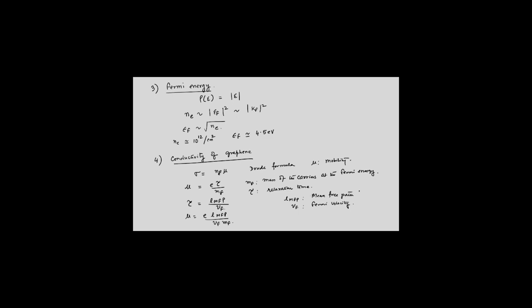So that tells you that sigma becomes equal to e square over h, which is the scale of the conductivity or the conductance, times LMFP into root over Ne. Which means that sigma is proportional to root over Ne. So this is the dependency of the conductivity on the electron density.